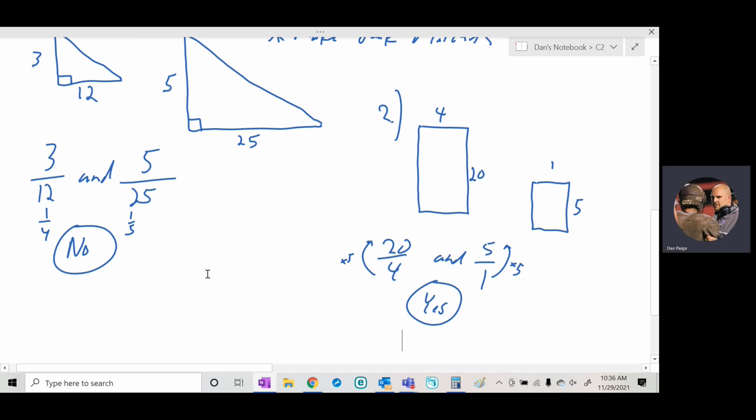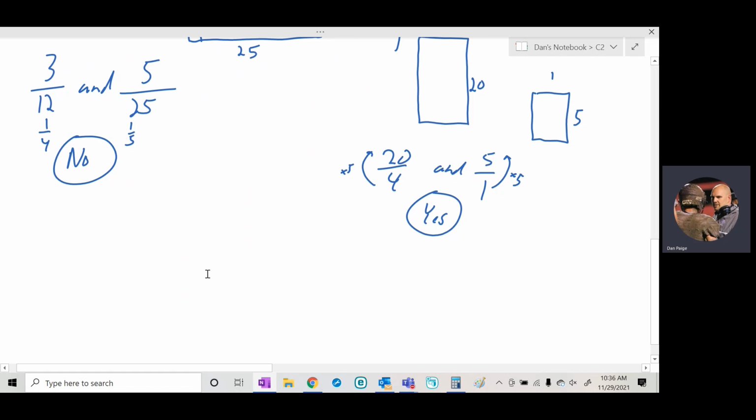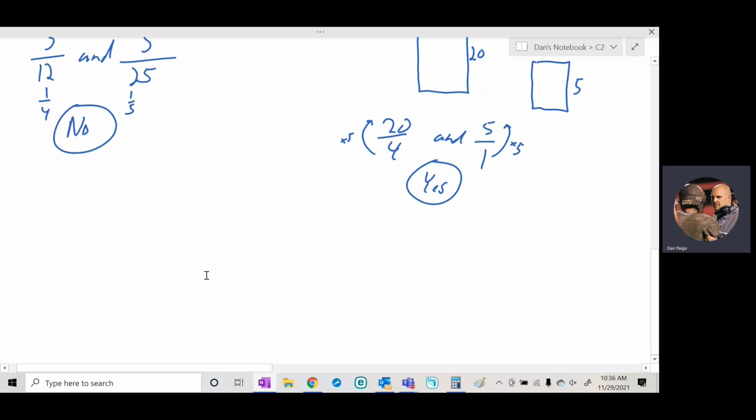We're going to try to do another one, and this one, I'm going to try to be tricky. Tricky, tricky, tricky. All right, be careful. This one's going to be tricky. All right, number 3. Are they similar? We're going to draw a right triangle like this.